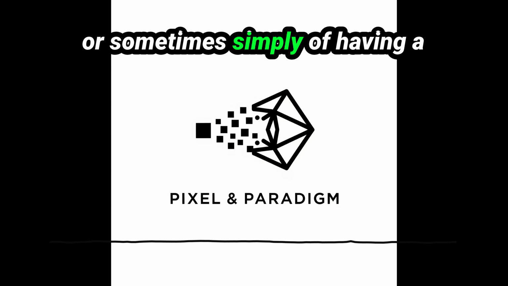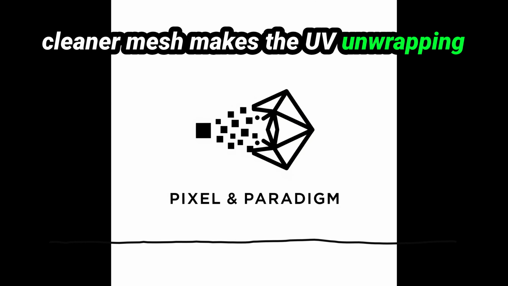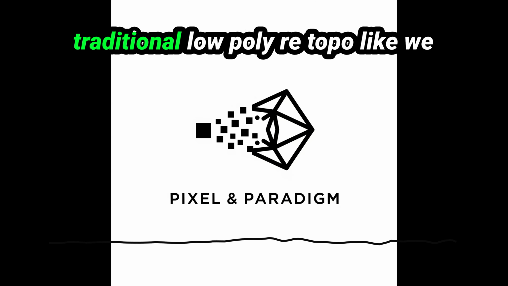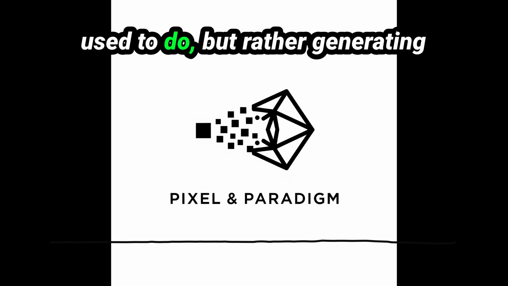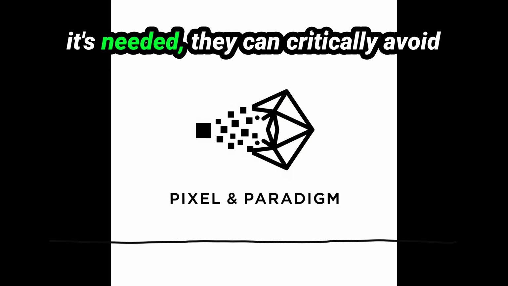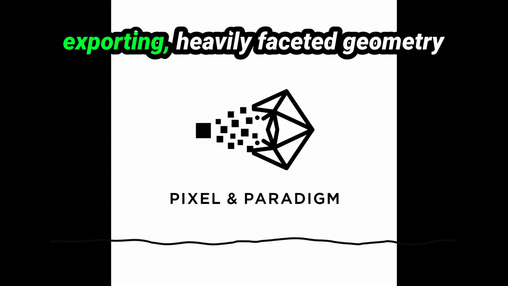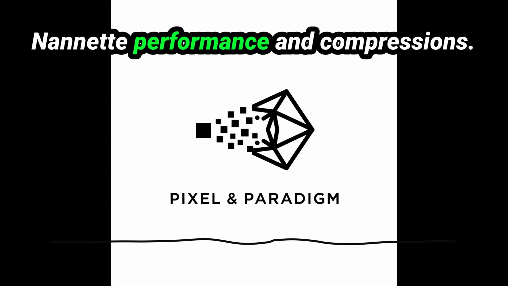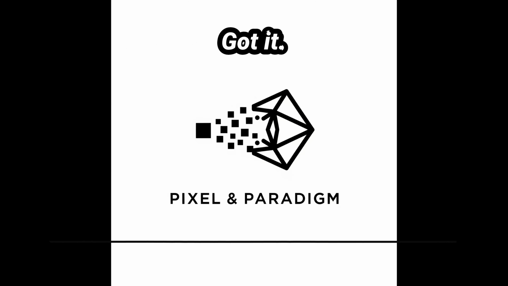Or sometimes, simply if having a cleaner mesh makes the UV unwrapping process significantly easier and faster. The goal here isn't necessarily a traditional low poly retopo like we used to do, but rather generating clean, well-behaved geometry where it's needed. Again, critically, avoid exporting heavily faceted geometry on dense meshes that significantly hurts Nanite performance and compression. Smooth those normals. Got it.